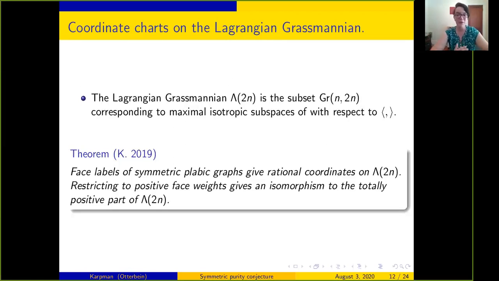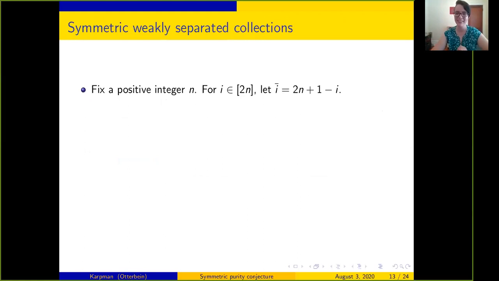So now that we know that we can talk about face labels for symmetric Plabic graphs and that that has some geometric meaning, I'd like to characterize the collections of face labels that I can get. I would like to have some analog of the purity conjecture. And this does indeed go through quite nicely, although there's quite a bit to check as well. But first we need the right notion of symmetry.